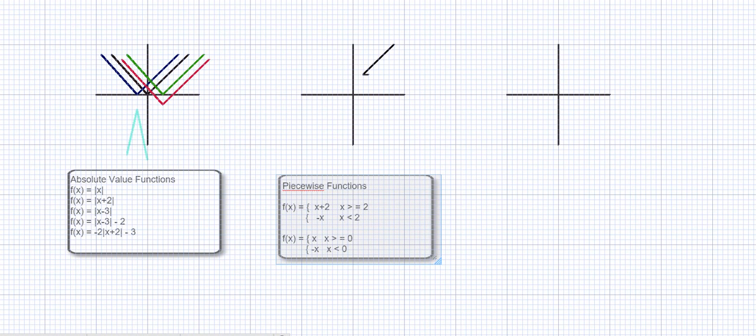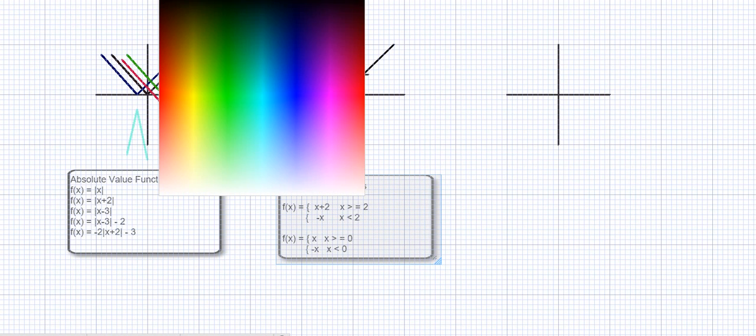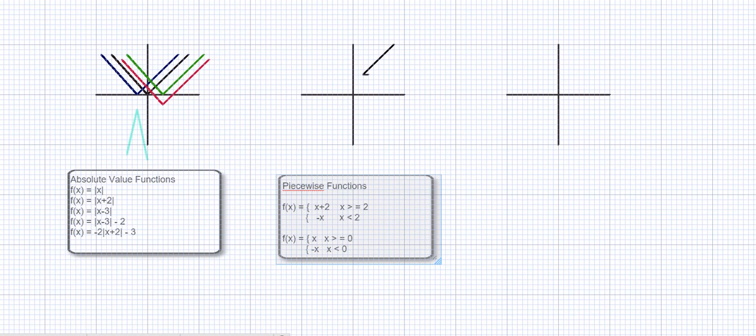Now the other part of it, minus x for x less than 2. What we'll want to do is draw that with a little bit different color, like a blue. So at x equals 2, you get minus 2 for y. So that would mean that at x equals 2, a minus 2 would be down here. So it would start down here, and then it would go off to the left with a slope of negative 1.